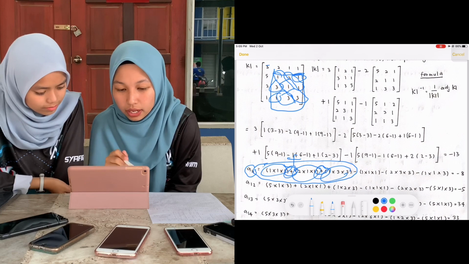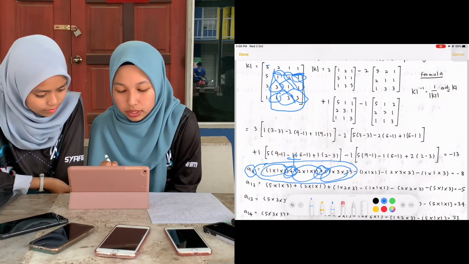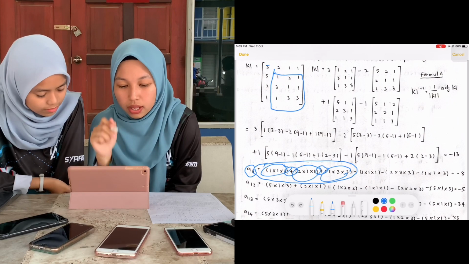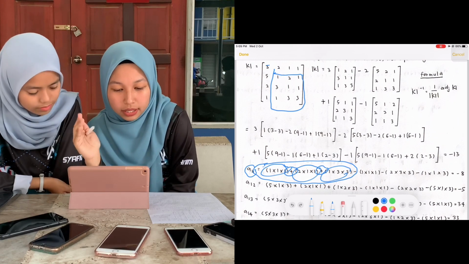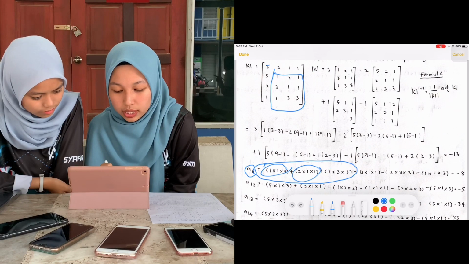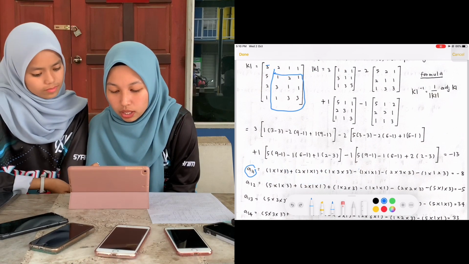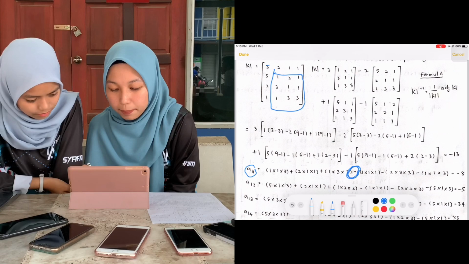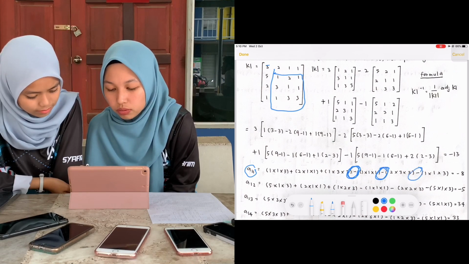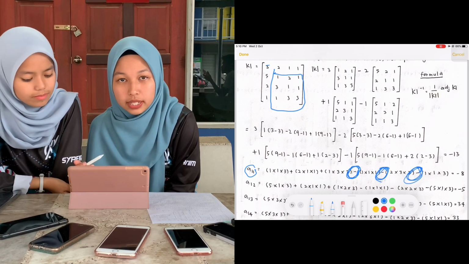After we have done all the multiplications for all the numbers in the 3 by 3 matrix, we proceed to cross from right to left, which is where we use the minus symbol, and continue to use it until the end of our step.